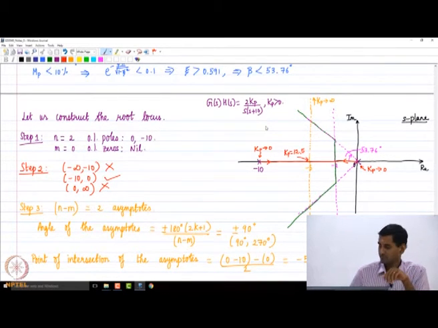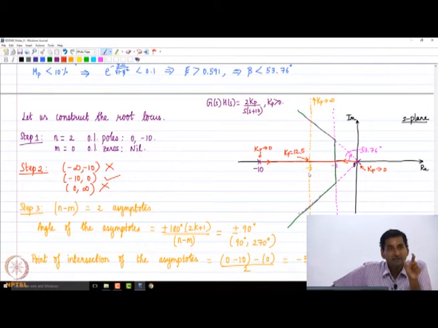Yes, the value of sb can be complex. You mean the breakaway point? Yes. If you have a breakaway point in the complex plane, you still need to check the value of k. If k is positive, then it is a potential breakaway point or break-in point.